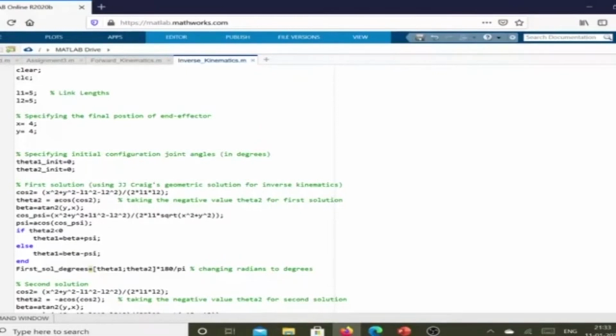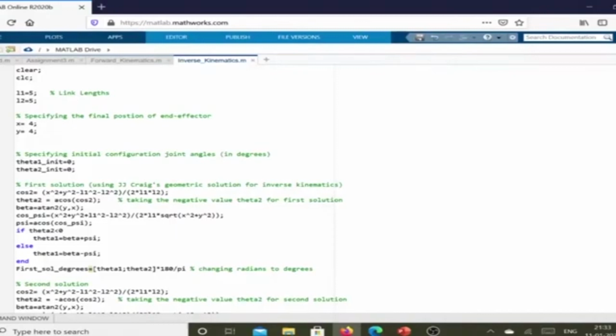Now the first solution using Craig's geometrical solution is cos theta 2 equal to x squared plus y squared minus L1 squared minus L2 squared, divided by twice L1 L2. From here I'm getting cos theta 2, taking the negative value of theta 2 for the first solution. This is the elbow up position which we are doing first. Now from here you can find beta and phi.